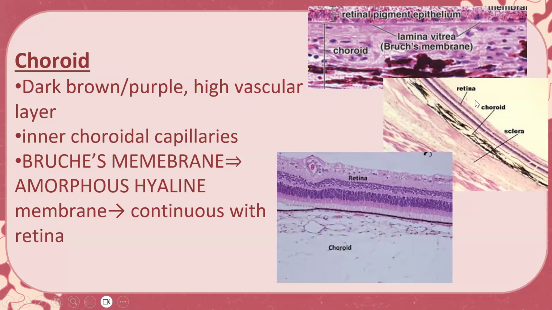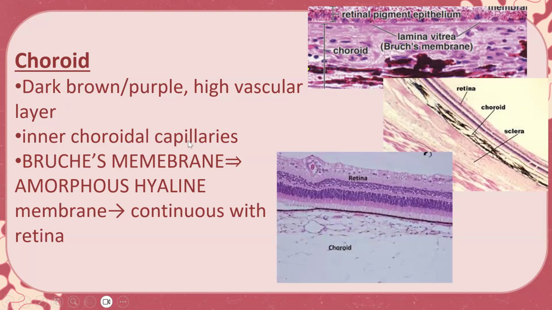Let's go through the layers of the eye from the beginning: we have the bulbar conjunctiva, then the episclera, then the sclera, and after the sclera is the choroid. After the choroid, we have the retina. And inside this part is the vitreous body, but that's for later.